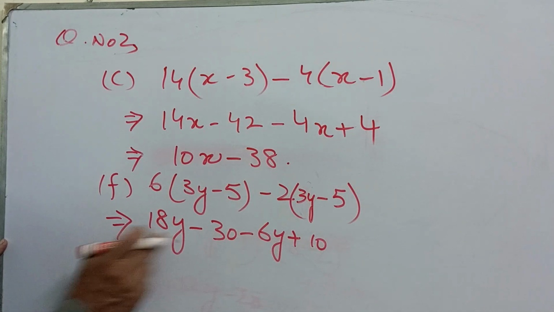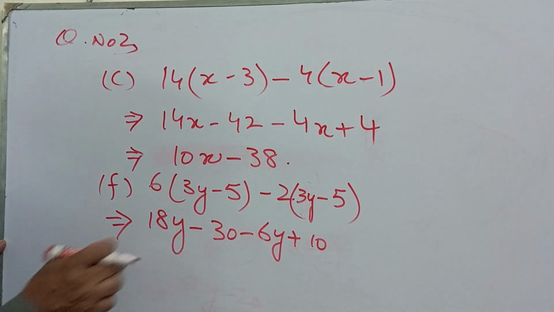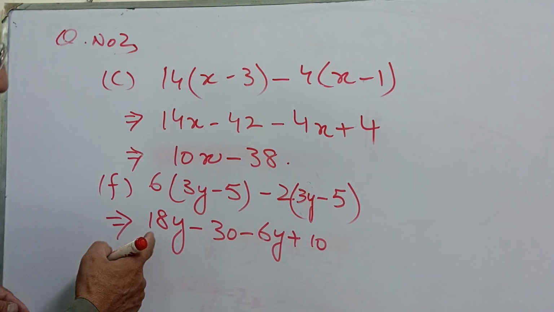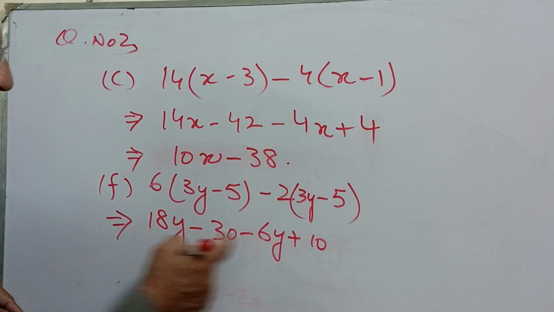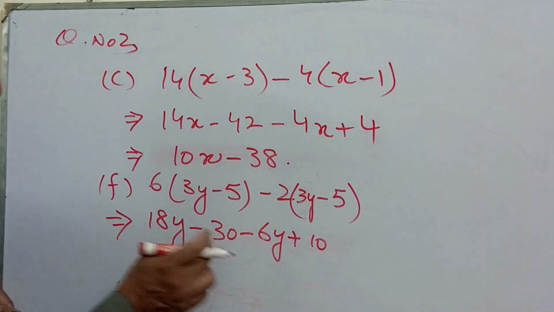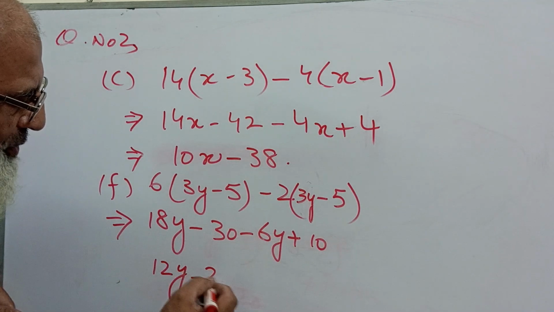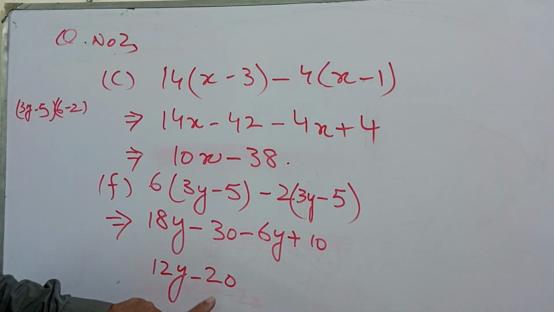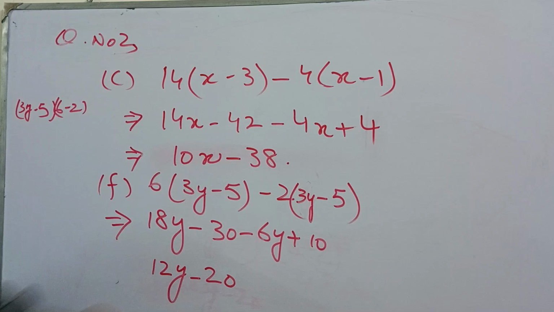So this is 18 and this is 6, and they are being subtracted. 18 minus 6 is 12y, and minus 30 plus 10 is minus 20. It is the same answer, 12y minus 20.